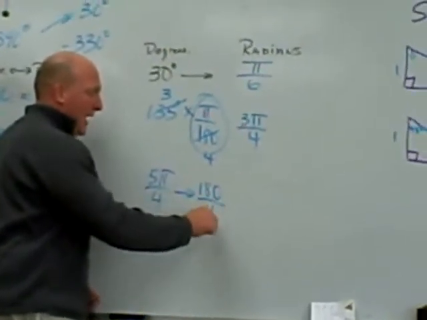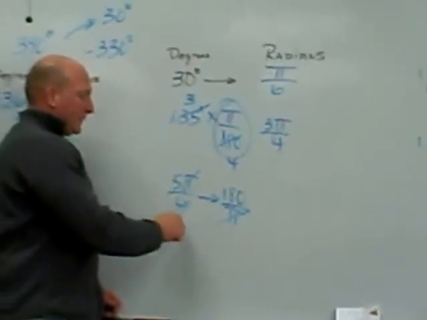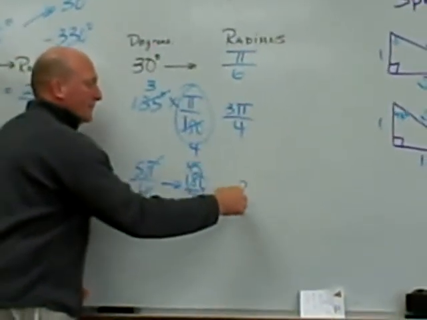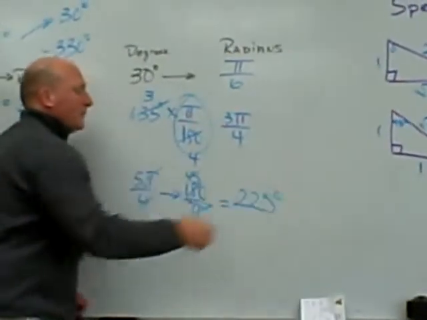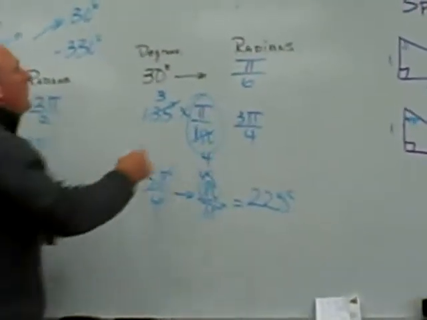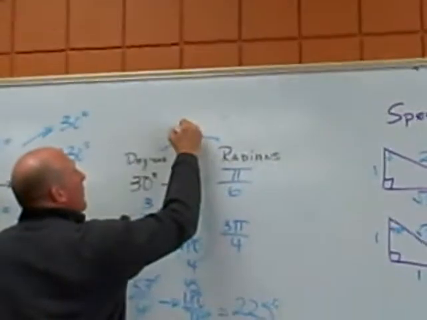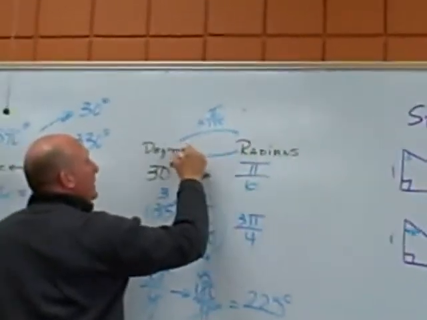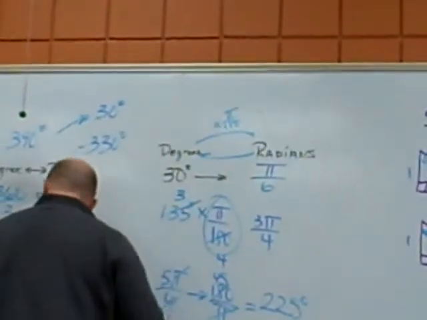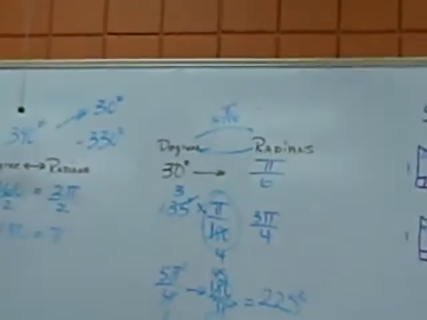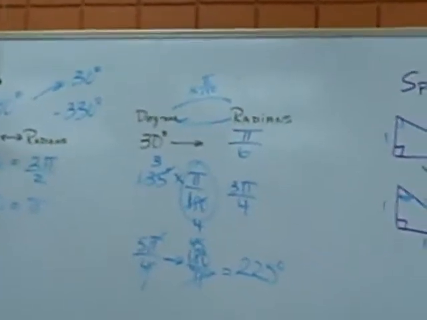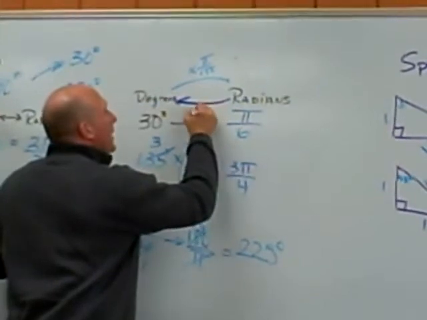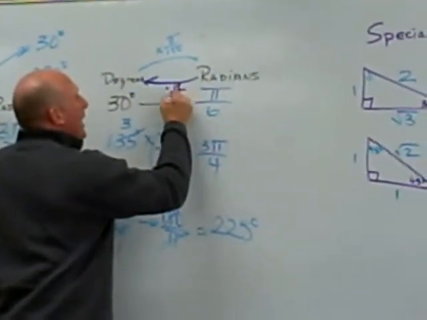Look what happens. So if you're going to go this direction, you're going to multiply by pi over 180. If you're going to go this direction, you're going to multiply by 180 over pi.